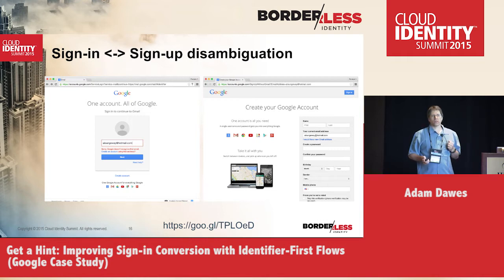With identifier first, the service provider can actually figure out whether you have an account on that site and then provide the appropriate interface for it. So if there's no account, then send them directly to the sign-up form. If there is an account, then figure out how you need to authenticate them and go straight to that instead of making the user figure out exactly what they need to do.